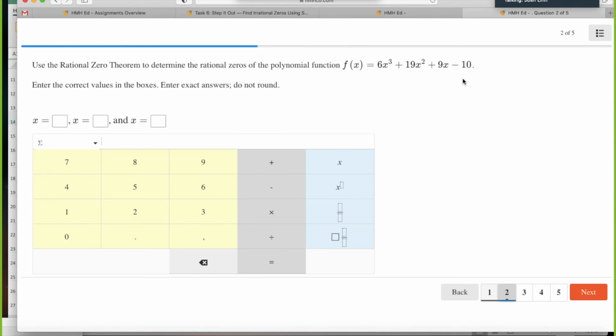So our numerators of our factors could equal plus or minus 1, plus or minus 2, plus or minus 3, plus or minus 6.